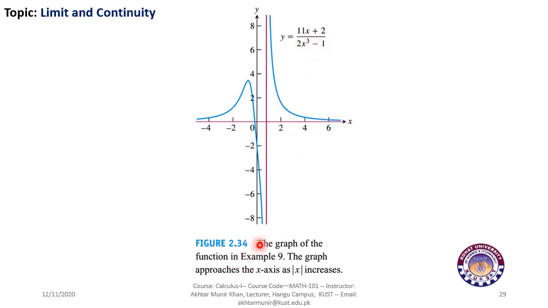The graph approaches the x-axis as the absolute value of x increases. In other words, as we enlarge x from both sides, the graph declines towards the x-axis, which is y equals 0.